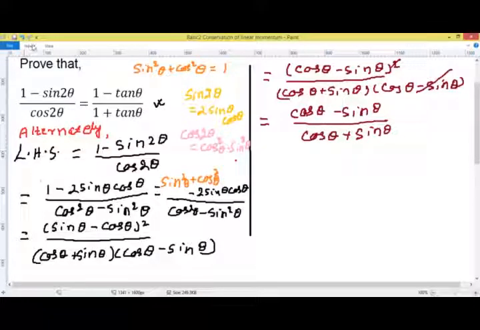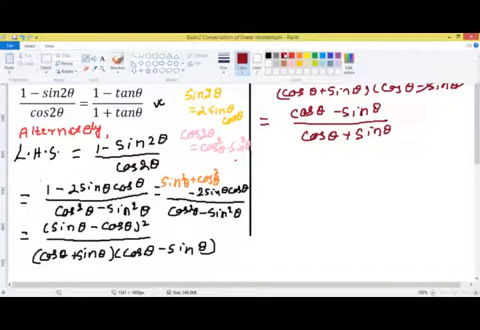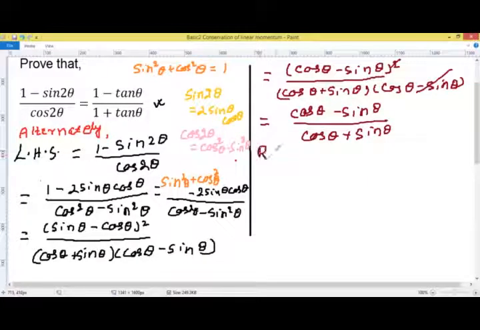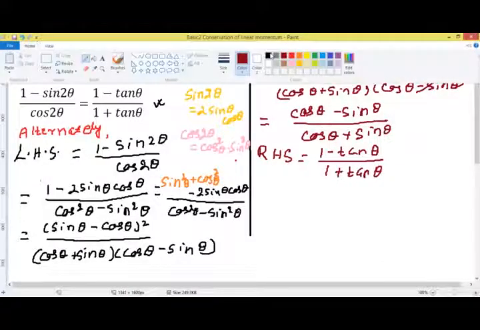Alright, now we work for RHS. So RHS in terms of sine and cosine, let's see what happens. We'll try to convert everything in terms of sine and cosine here. So RHS is given as 1 minus tan theta divided by 1 plus tan theta.